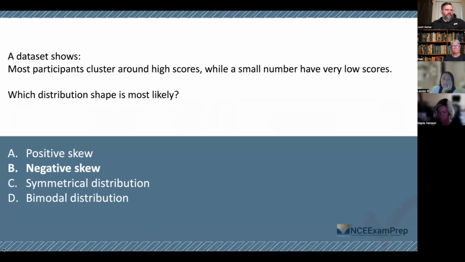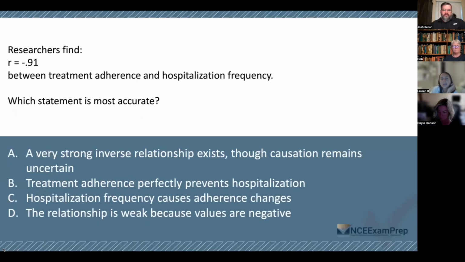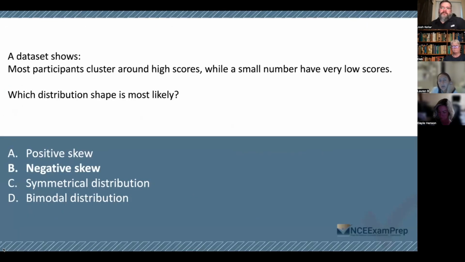Does this go back to what you were saying about negative being one goes up and one goes down? Wouldn't that apply to that question? No. Lauren, you're talking about correlation. It worked for my answer, though. These are two different concepts, right?